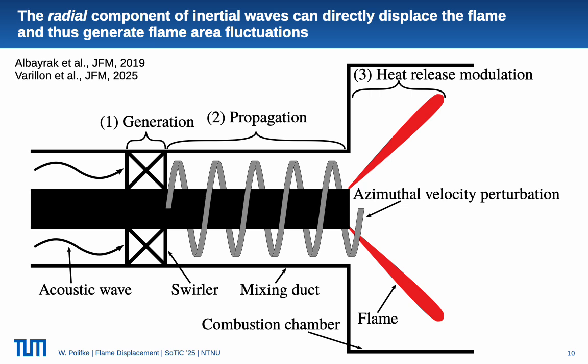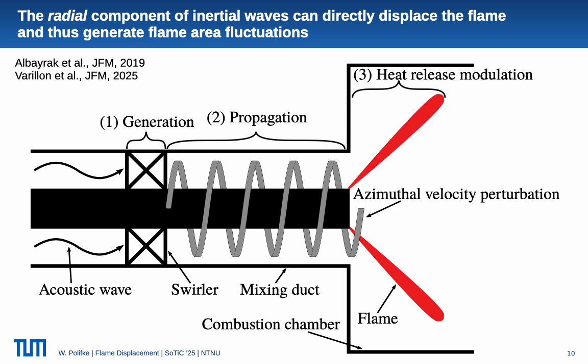And the idea is here, as an acoustic wave passes over a swirl generator, it generates perturbations of the azimuthal velocity. And then the azimuthal velocity, this was originally hypothesized by Richard Straub and Douglas Straub and Geo Richards. And those swirl propagations then somehow modulate the heat release rate.